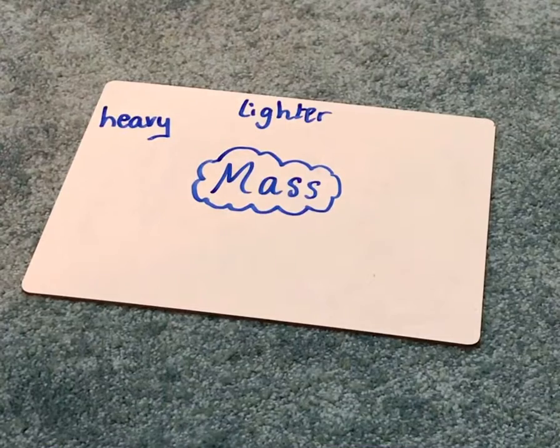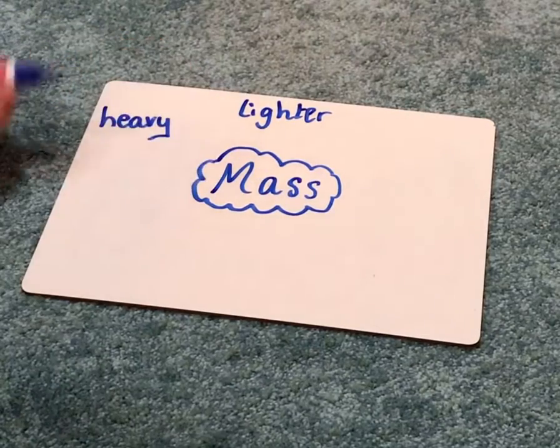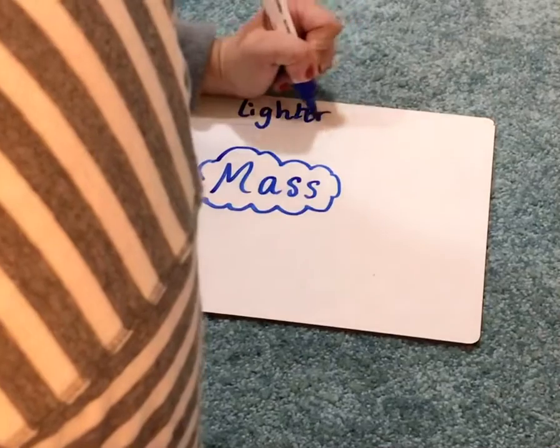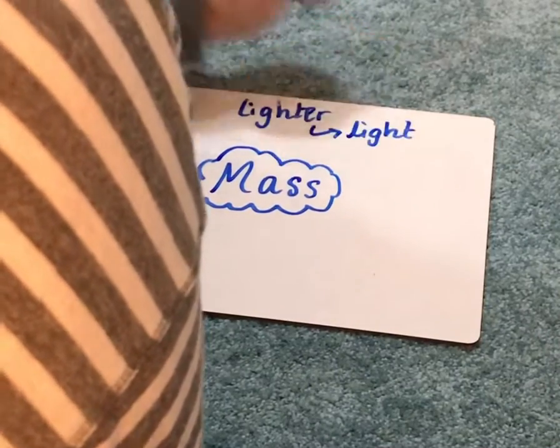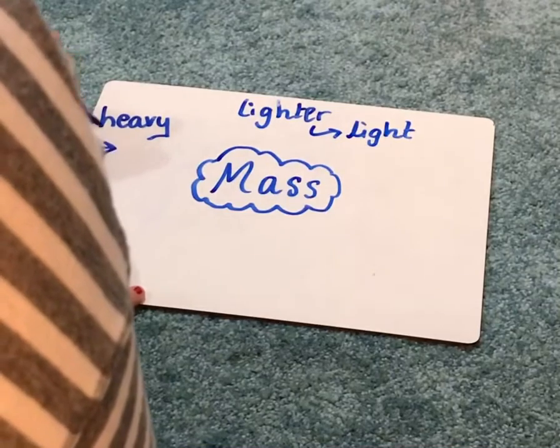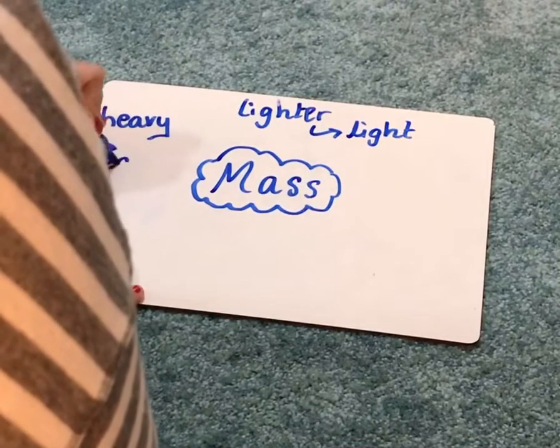So, for example, a brick is going to be a lot heavier than a feather. So we have got lighter and light, we've got heavy, and we've got heavier.